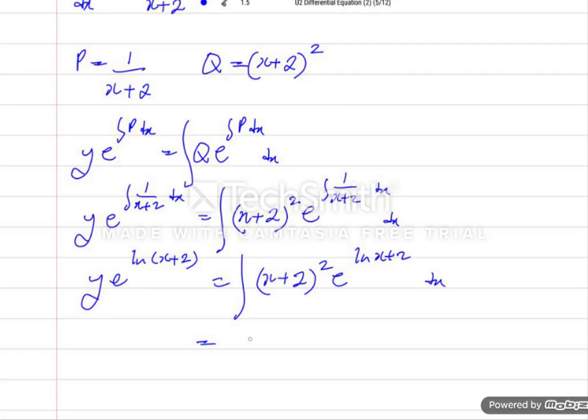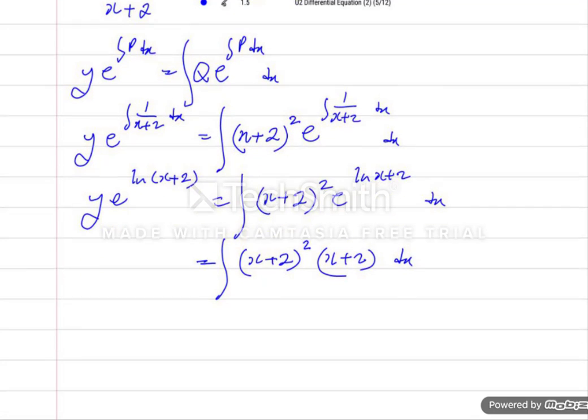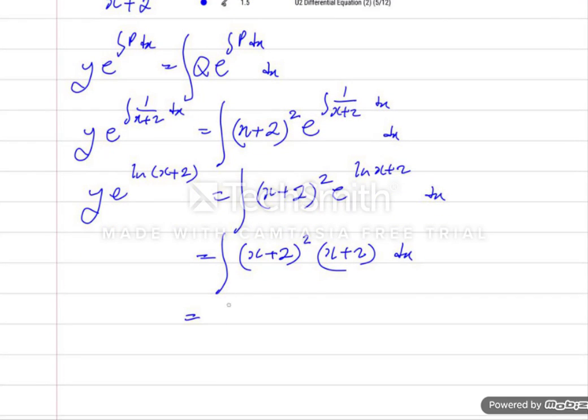So what we have is the integral of x plus 2 squared times x plus 2 dx. So right now we have the integral of x plus 2 cubed. On the left hand side we have y e to the ln x plus 2, which is x plus 2. We already determined that.